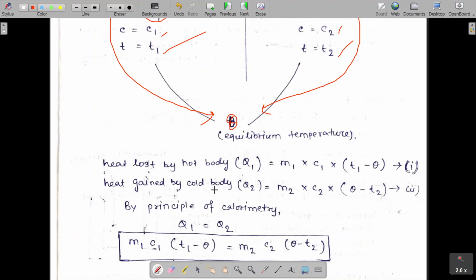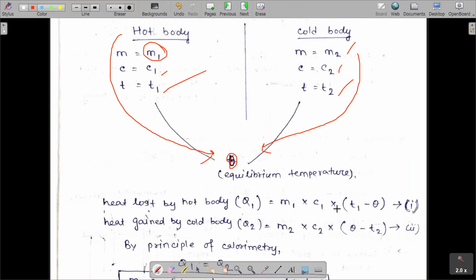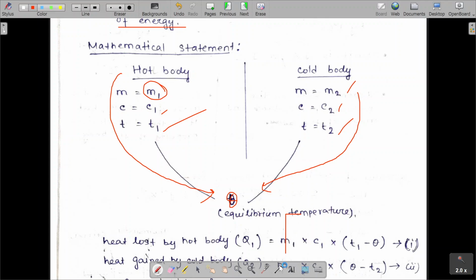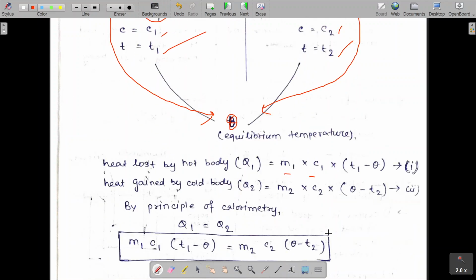So we can say that the heat lost by the hot body, that is Q1, from the formula m c delta T, is m1 into c1 into (t1 minus theta), and the heat gained by the cold body is m2 c2 (theta minus t2), since theta is higher and t2 is lower.